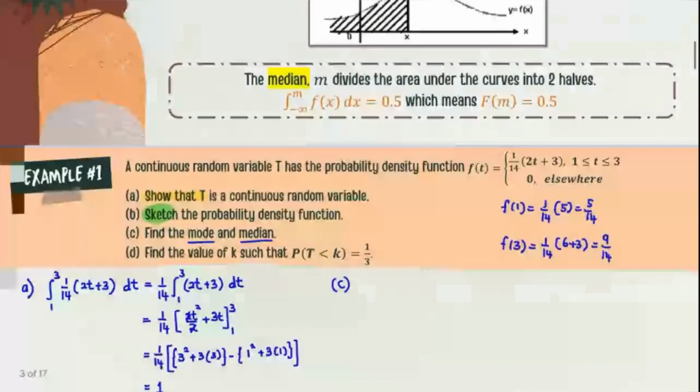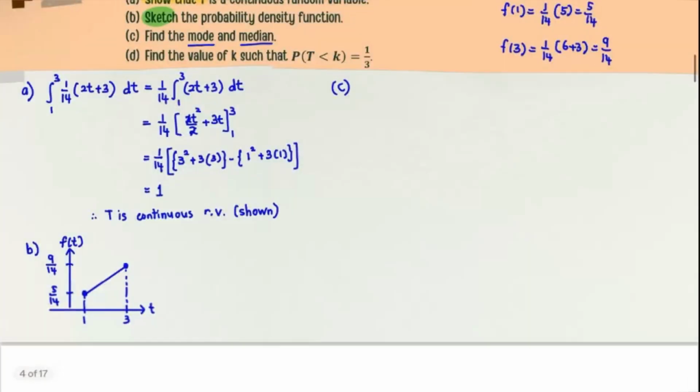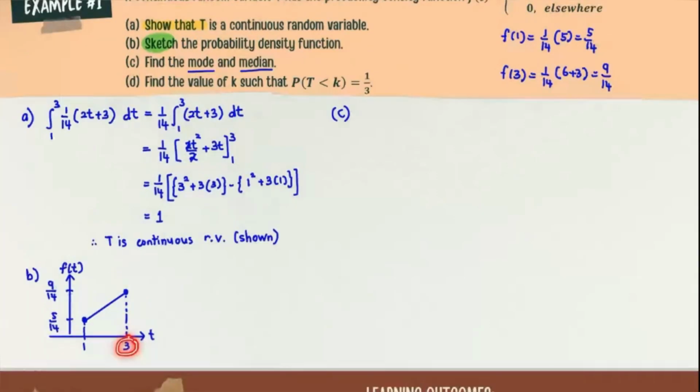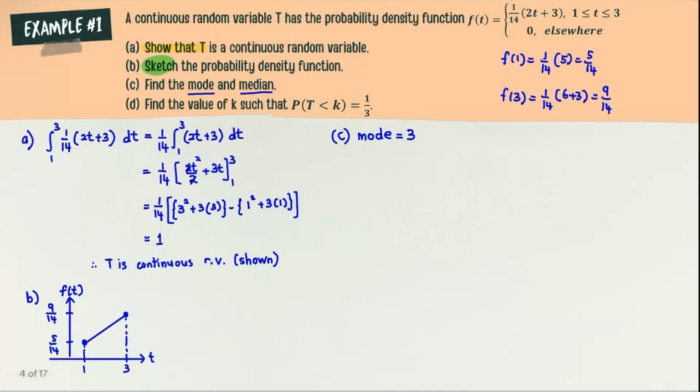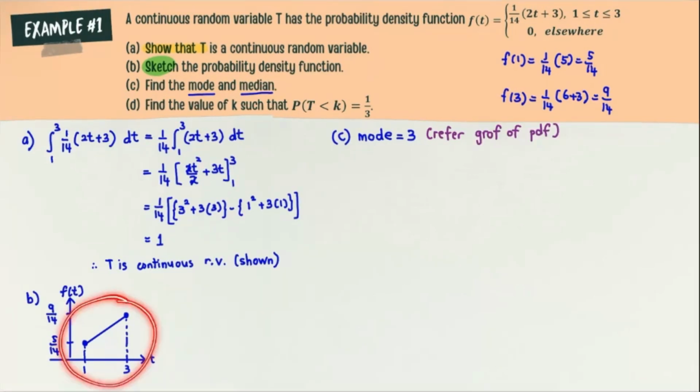Graph kita, the value of x when the probability is at the highest. So this is the highest probability. So our mode will be 3. Settle. Okay, macam mana dapat 3? Saya refer kepada graph. Okay, refer to this graph.